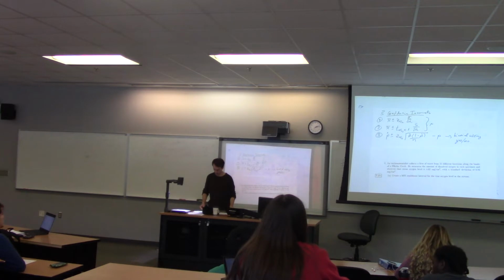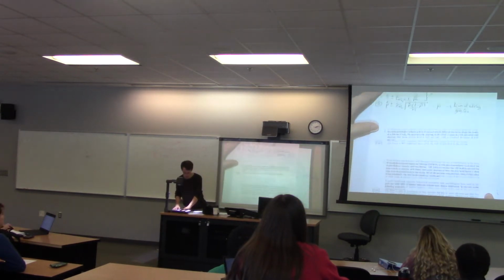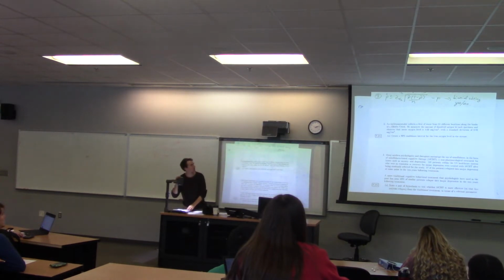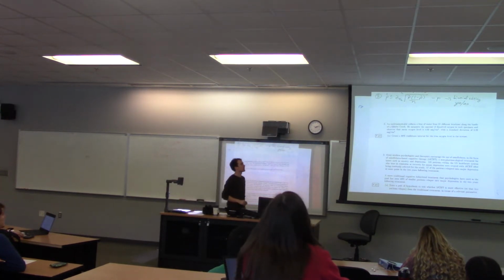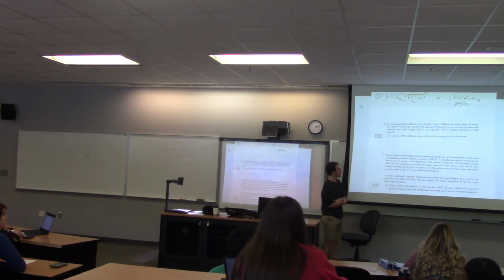Now question 2, from I think the spring 2018 exam, says many modern psychologists and therapists encourage the use of mindfulness in the form of mindfulness-based cognitive therapy. 145 patients within the U.S. healthcare system who are in remission or recovery for major depression were randomly selected for the study. 57 of the patients relapsed into major depression at some point in the 2 years following the treatment.